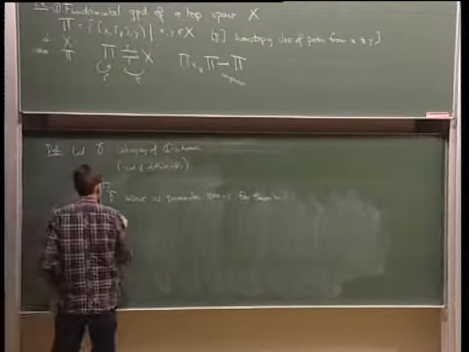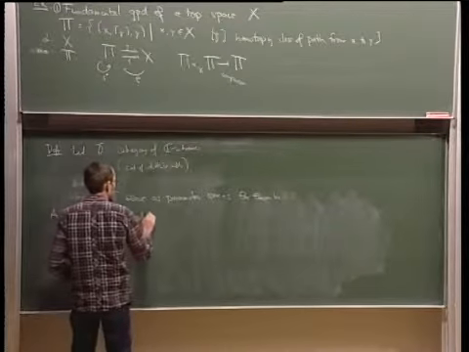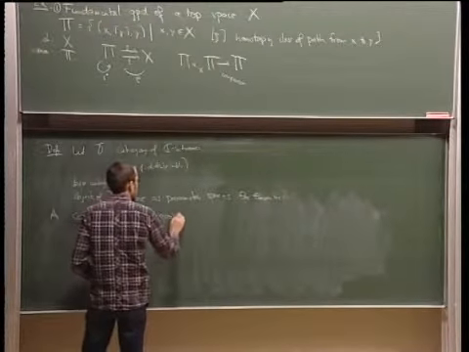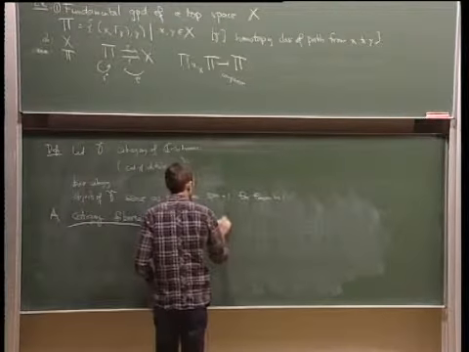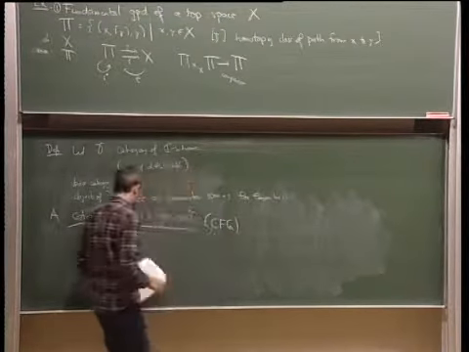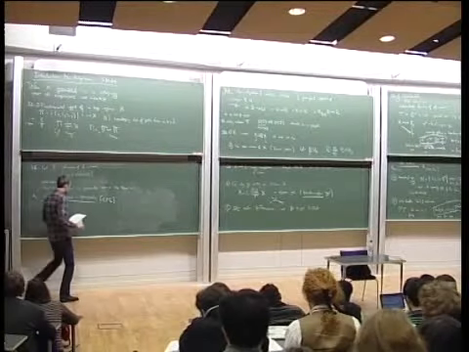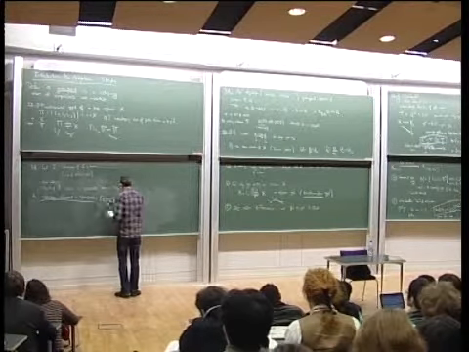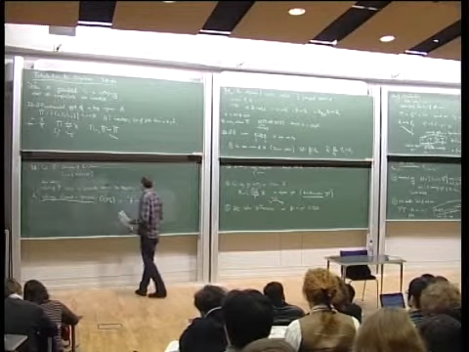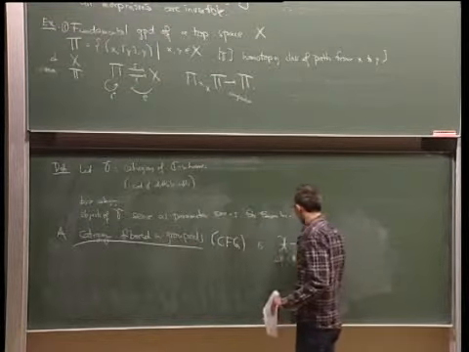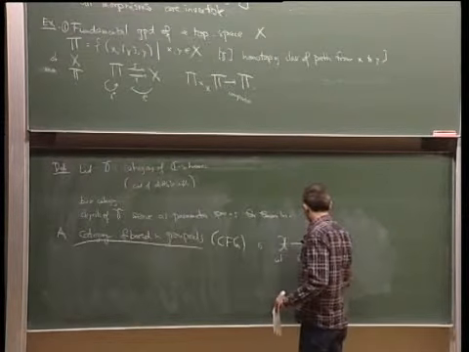And so a category fibered in groupoids, let me call it CFG for short, is another category, and this is a functor.